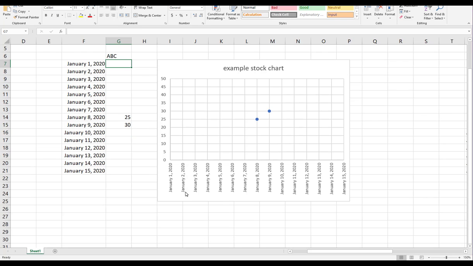I'll just make up numbers: 5, 15, 20, 30, 40, 10, 20, 35, 45, 50. You see them going on the other side. And so 45, 50, and 5.